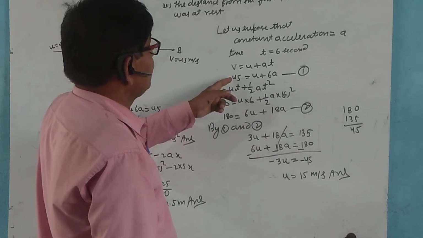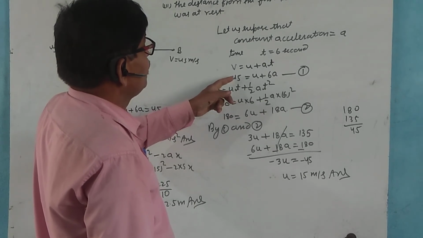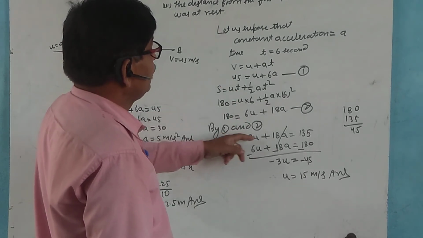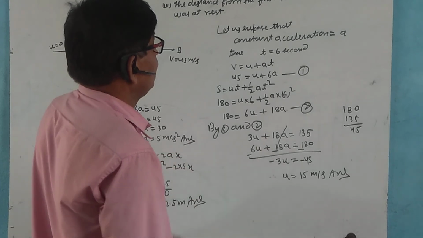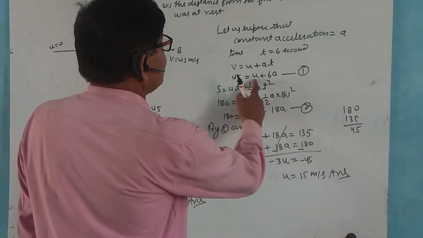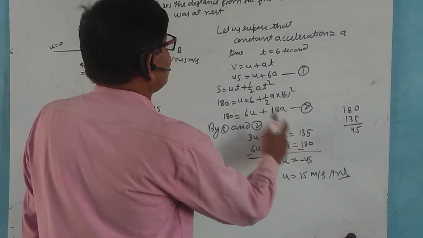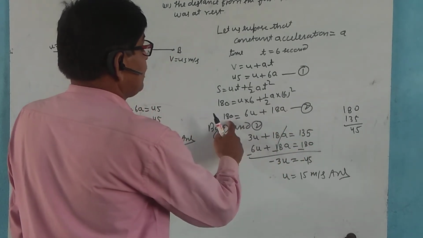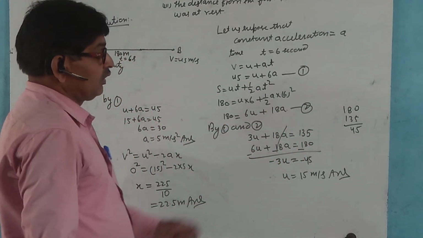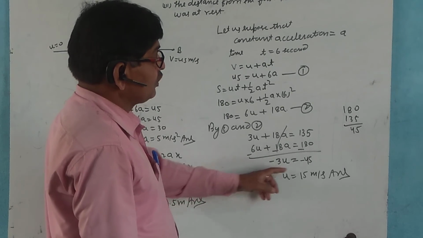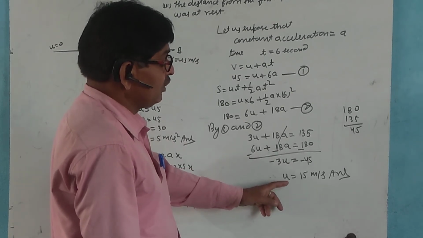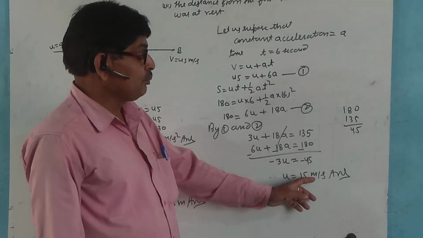Now multiply equation 1 by 3: 3u plus 18a equal to 135, and subtracting from this equation, minus 3u is equal to minus 45, so that u is equal to 15 meter per second.